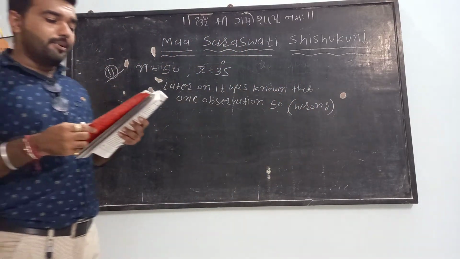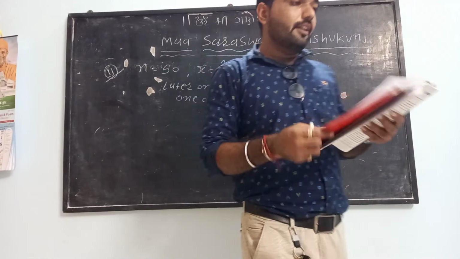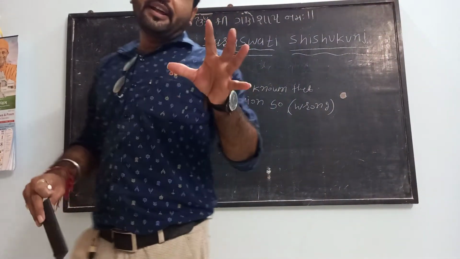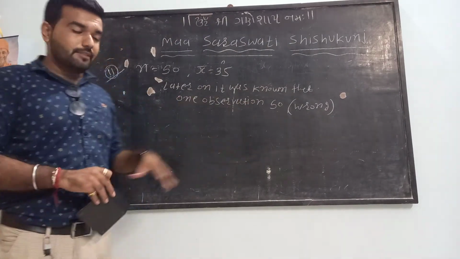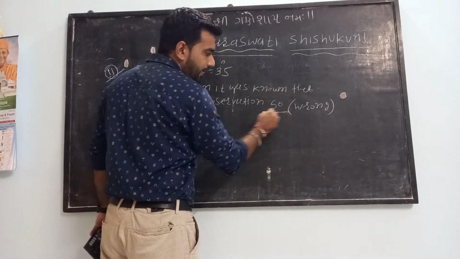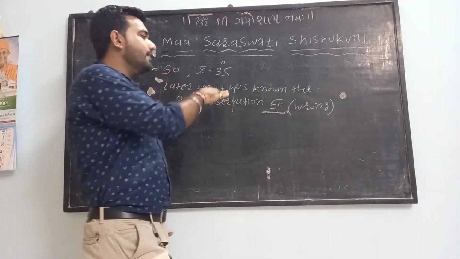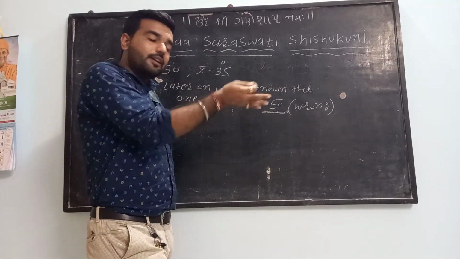We have to find the mean of the remaining observations by excluding the wrong observation. One of the observations, 50, was taken by mistake.